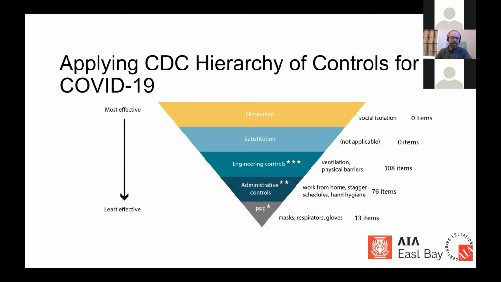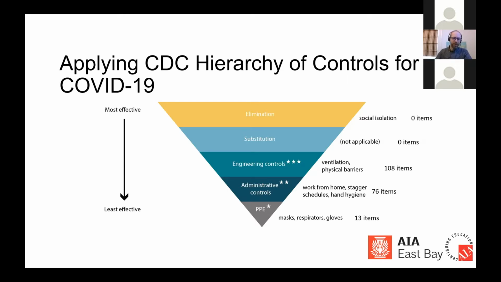And beyond architectural and engineering controls, we have these administrative controls, and these can manifest themselves with working from home or staggering schedules or processes for controlling flow in the building or policies for washing hands and cleaning up.